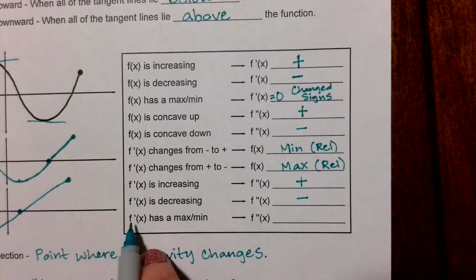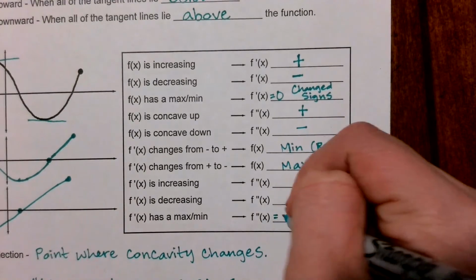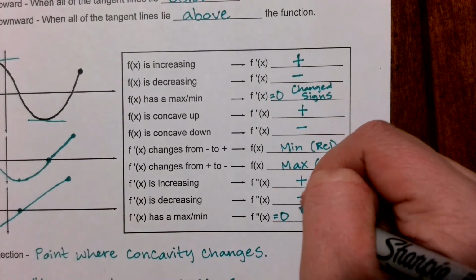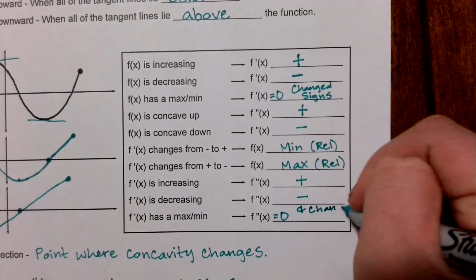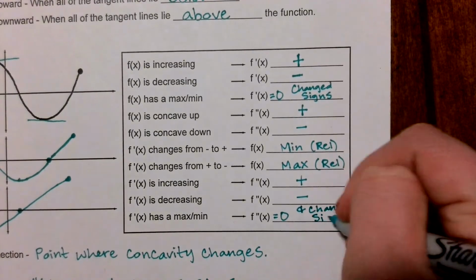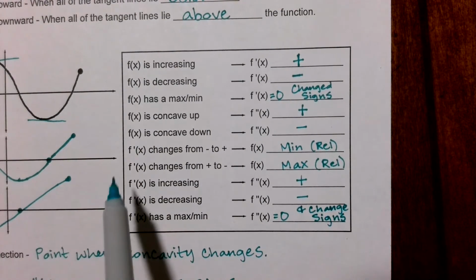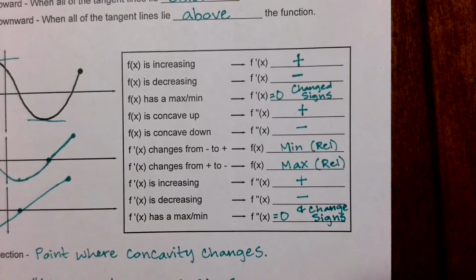And then our last one, if f prime has a min or a max, we're thinking about its slope, so that would mean that its slope would be 0, and it would have to change signs. This definitely takes some training your brain to be able to do all of these things, but it helps to be thinking the slope of f, the slope of f prime.